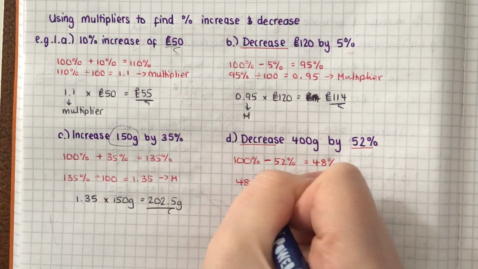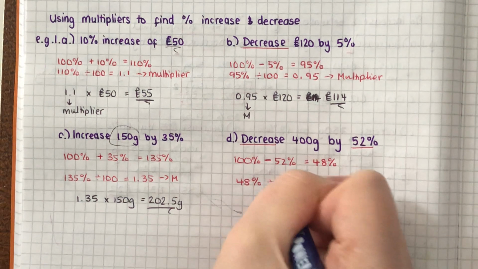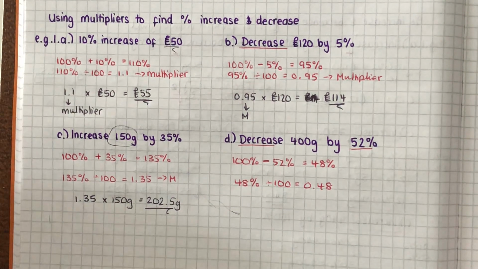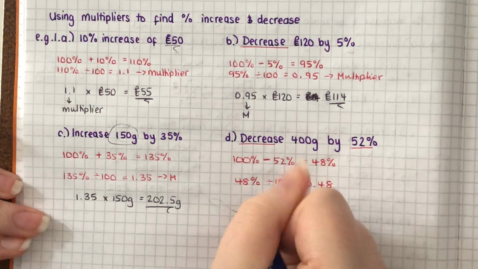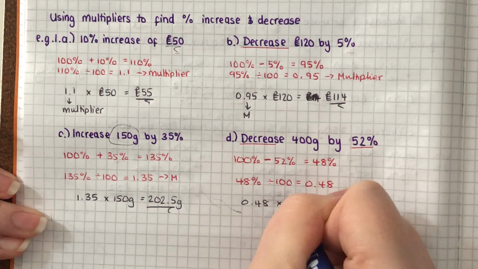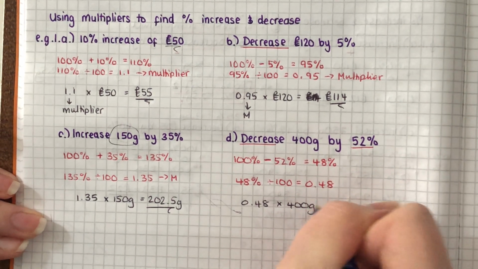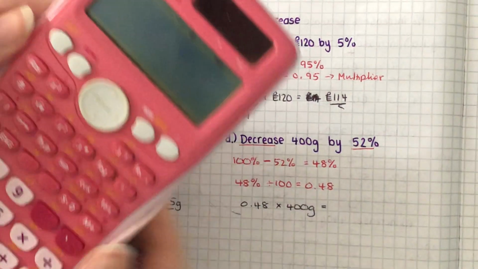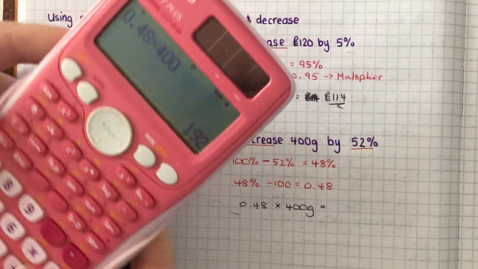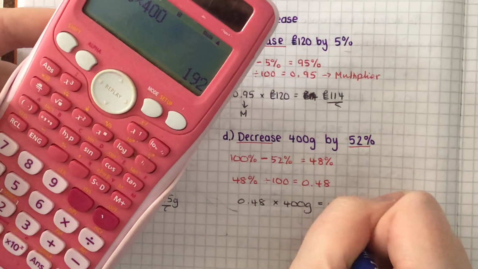Then we do 48% divided by 100 to make it into a decimal, which is 0.48. And then we do the multiplier, so 0.48 multiplied with 400 grams, and then that will give us the answer. So 0.48 multiplied by 400, we get 192.